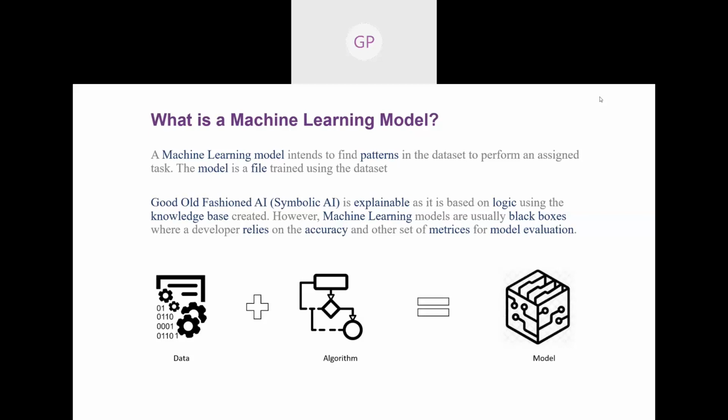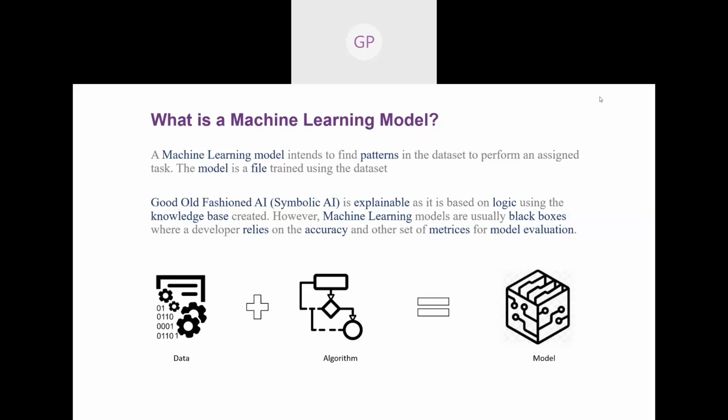So the major difference between symbolic AI and non-symbolic AI. Symbolic AI, which is also called good old-fashioned AI, or in robotics, good old-fashioned robotics, GOFAI, is explainable because we use facts and logic to deduce something. But machine learning models are generally black boxes because they don't explain the decisions they take.